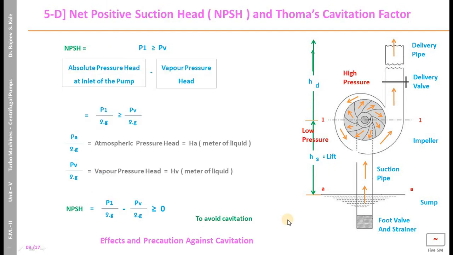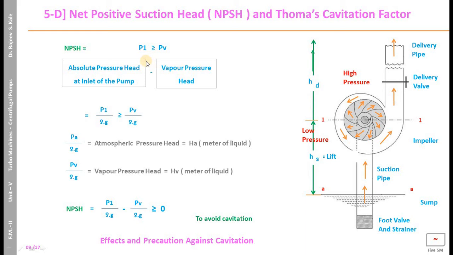We will take in detail all these things. In this also we are going to study the net positive suction head. So this side is low pressure side. After working on fluid, this is the high pressure side. So net positive suction head.